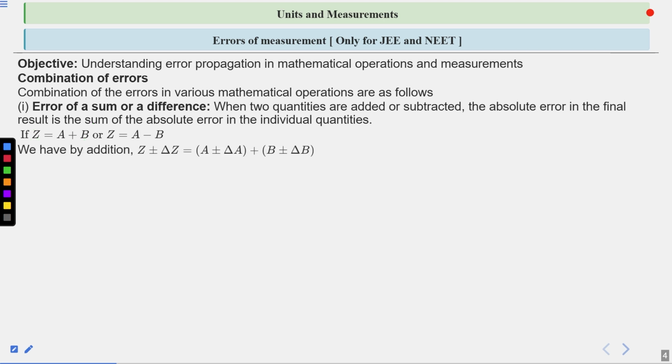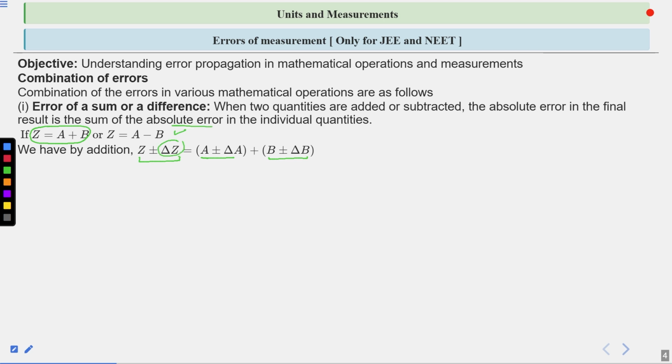We have, by addition, Z plus minus delta Z is equal to A plus minus delta A plus B plus minus delta B. Here we have quantities Z is equal to A plus B and Z is equal to A minus B. Now if we talk about Z is equal to A plus B, in that case the error in Z is Z plus delta Z. The error in A is A plus delta A, and the error in B is B plus delta B. If we talk about A minus B, in that case Z will be Z minus delta Z, A minus delta A and B minus delta B. So this is the representation of the absolute error.